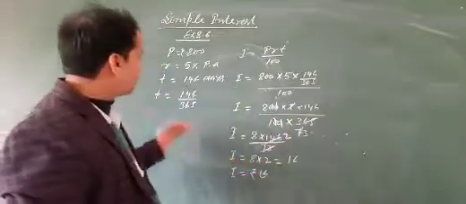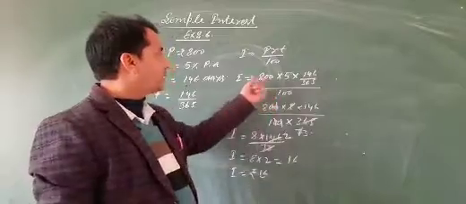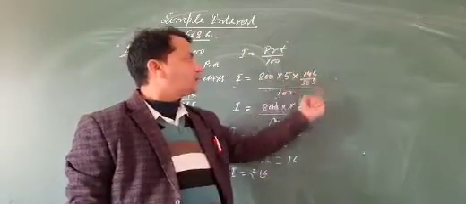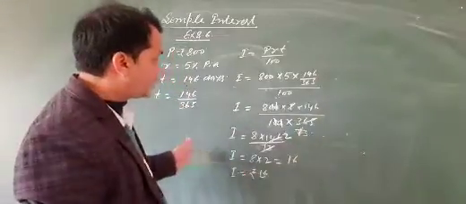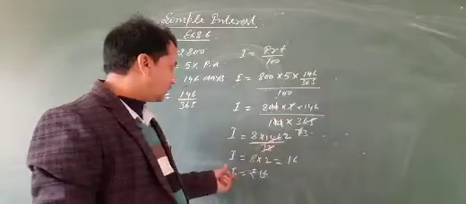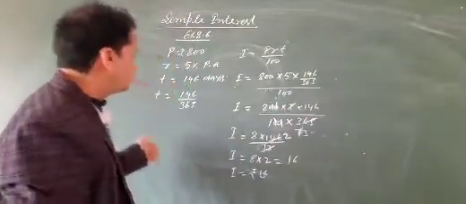So put the value of P, R and T in this formula. Then 800 into 5 into 146 by 365 divided by 100. So simplify here. Then the value of interest is here 16 rupees.